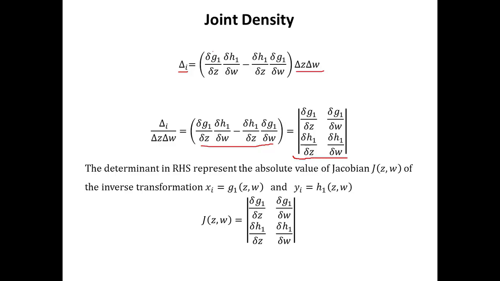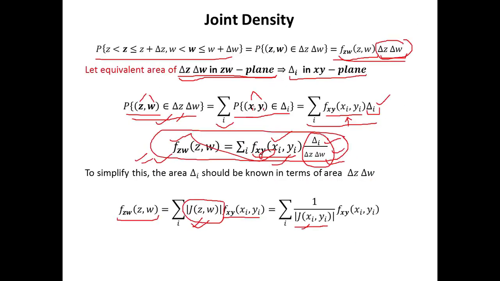This determinant represents the absolute value of the Jacobian JZW, meaning in that expression we have considered the absolute value of the Jacobian JZW.